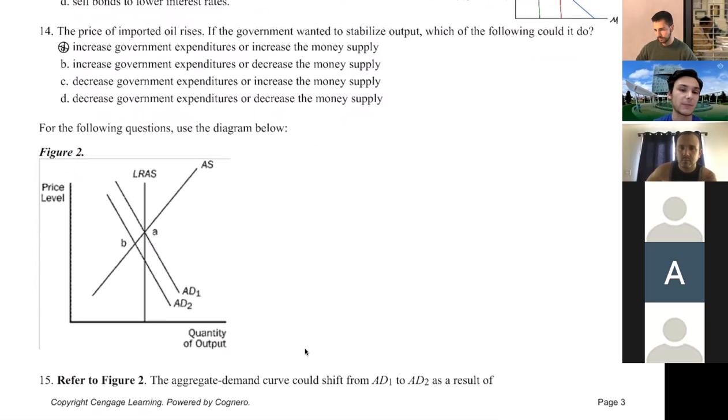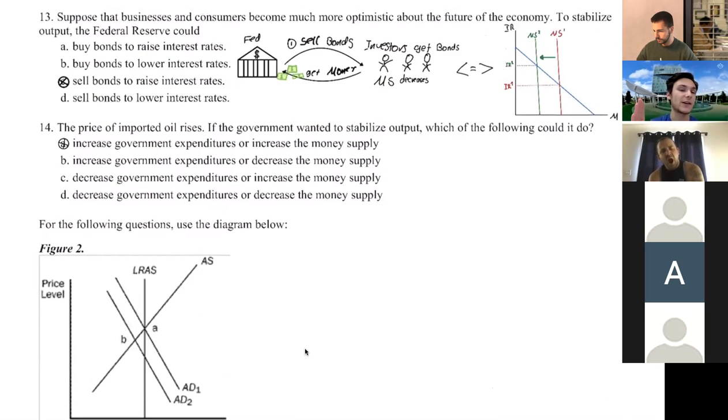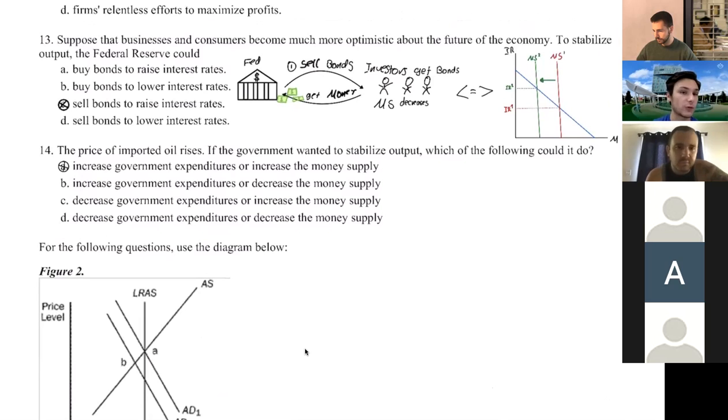Or at the same time, what can they do? They can increase the money supply. And if we look back at that graph that had the money demand and the money supply on the vertical axis, if the money supply shifts to the right, that's going to cause the interest rates to go down. Interest rates going down is going to cause increased investment. So that's another way to think about it.